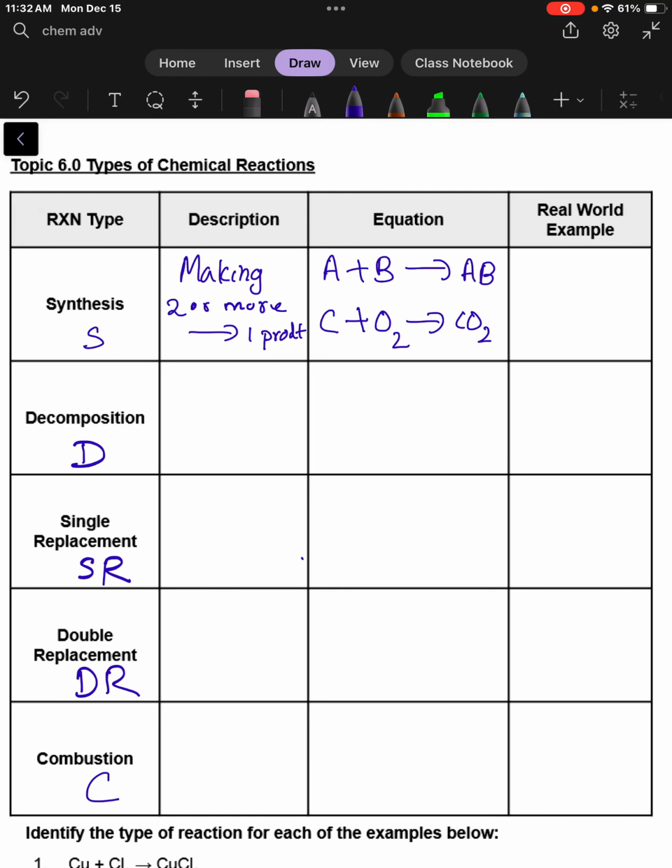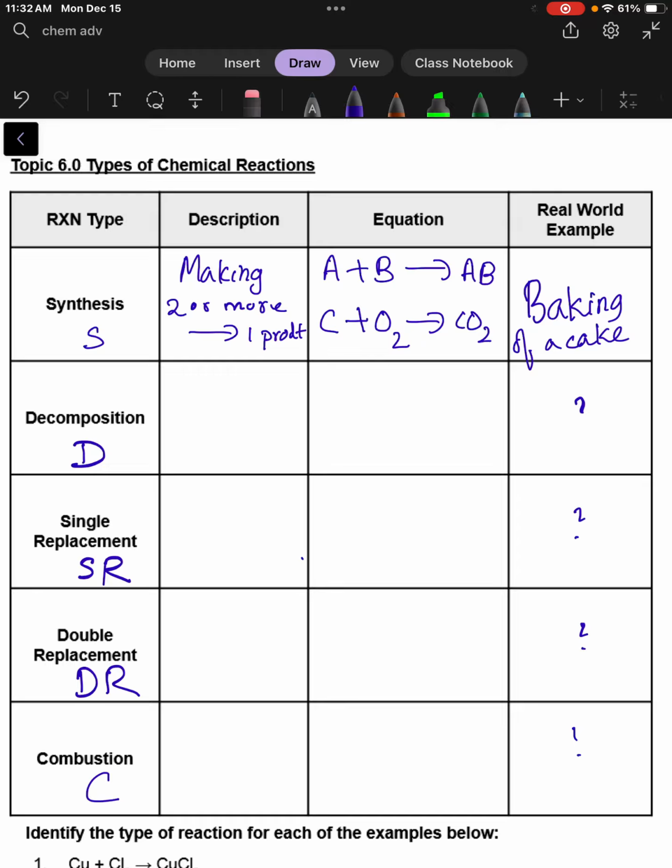Think of a real world example. You are starting with multiple ingredients and ending with only one. Come up with baking a cake. That is a real world example. The rest of the real world examples you have to come up with.